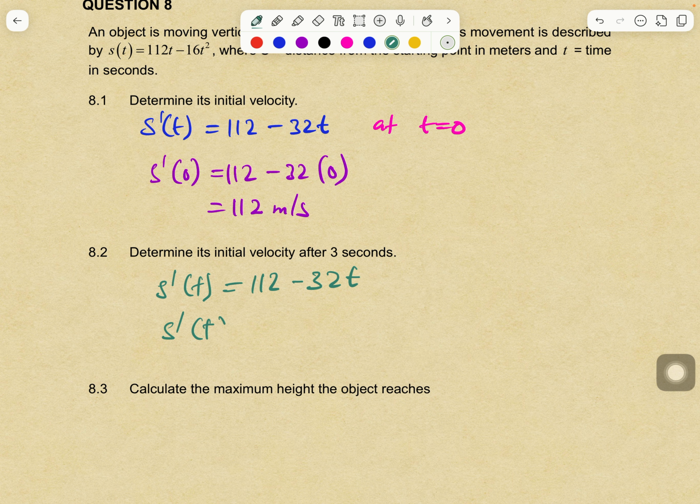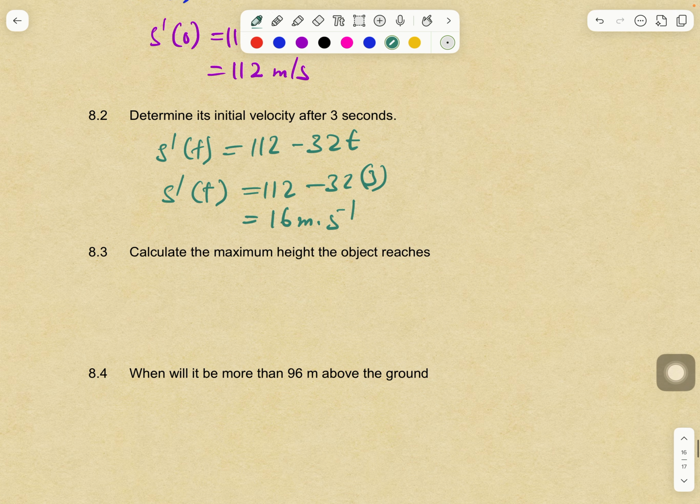So we get s prime at 3, that would be 112 minus 32 into 3. And then on the calculator, we should be able to calculate this properly. And then this gives us 16. This will be 16 meters per second. That's what we get there.